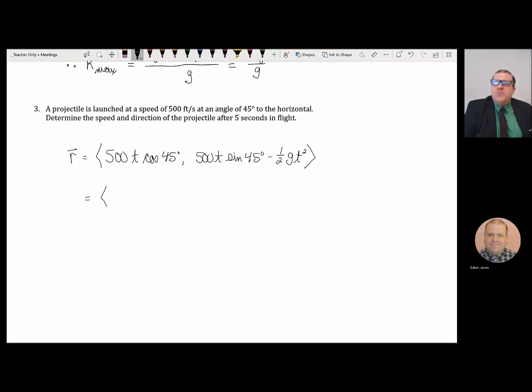Cosine of 45 degrees is root 2 over 2, right? Sine of 45 is the same.